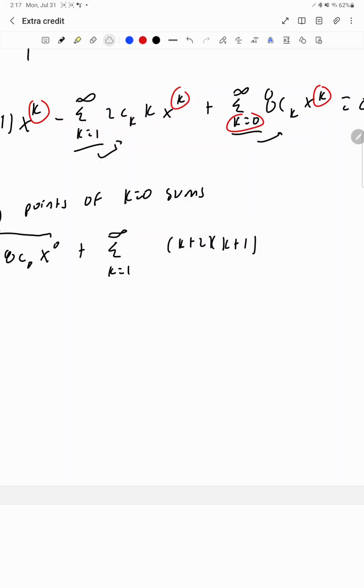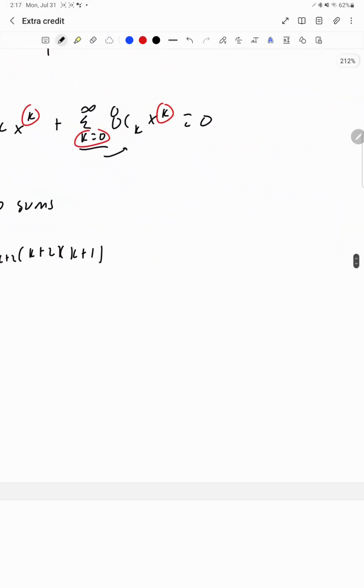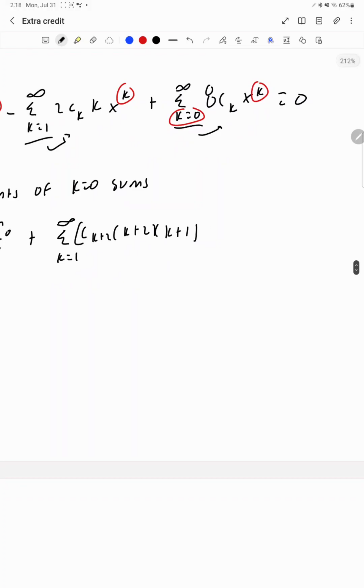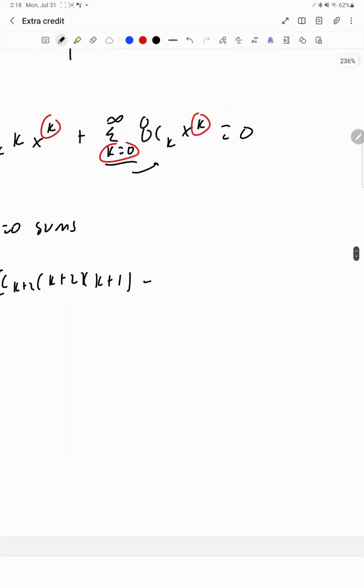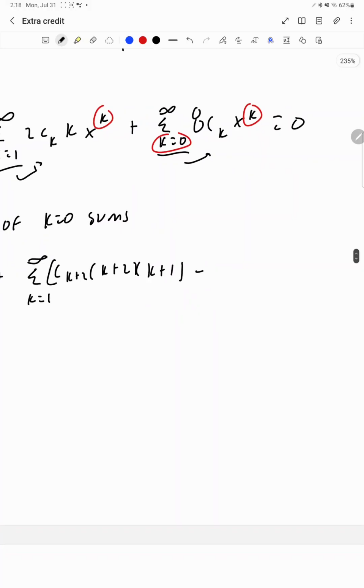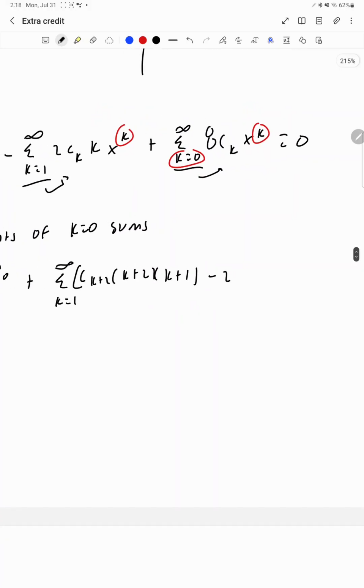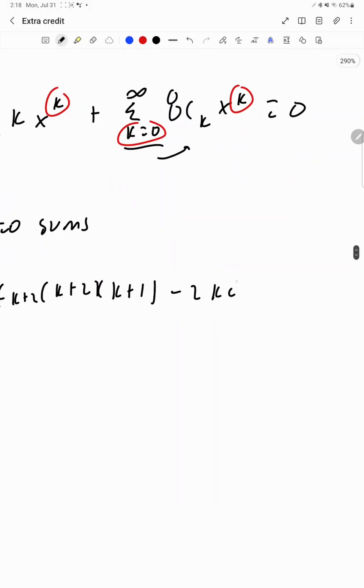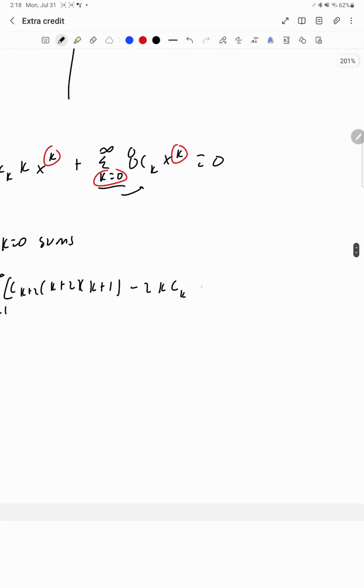I forgot about that. And then minus 2k c k plus 8 c k.